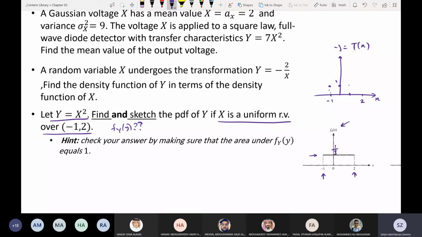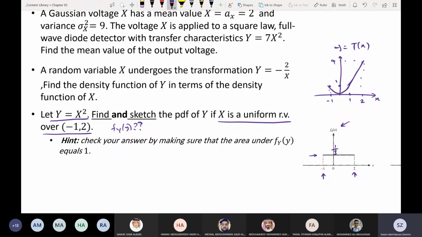At 1, it is also 1, and it goes like this. It's x squared. At 2, what is the value of y? 4. So it goes like this. So is this monotonic or non-monotonic? Non-monotonic.